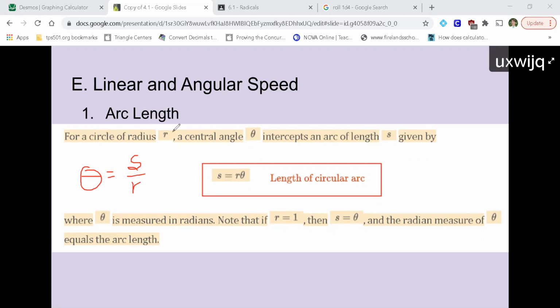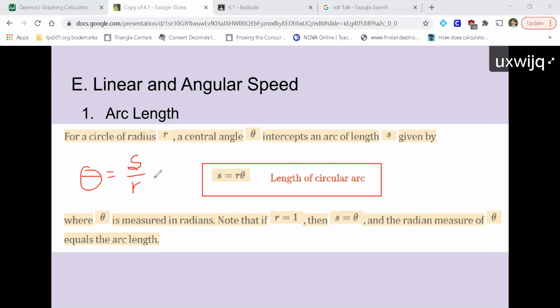So another real world problem that they'll ask you to do is to find the arc length and or radius of a circle, given, again, the other two parts of this formula. So this is the formula solved for S, where you multiply R to both sides.